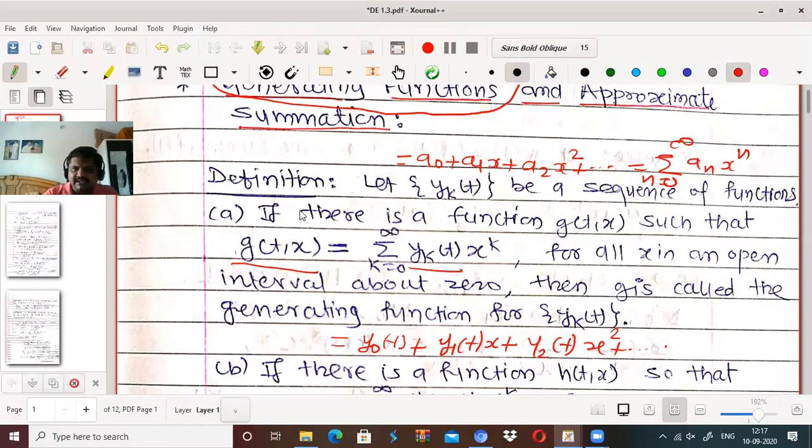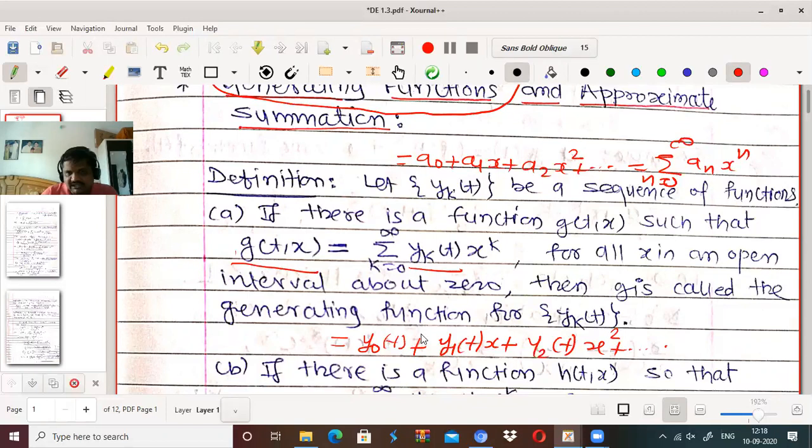So what is meant by generating function for the sequence y_k(t)? If the terms in this sequence y_k(t) become the coefficients of a power series in x about 0, then this whole function g(t,x) is called the generating function for y_0(t), y_1(t), y_2(t) and so on, that is, the sequence y_k(t).